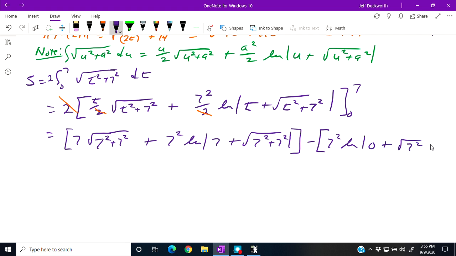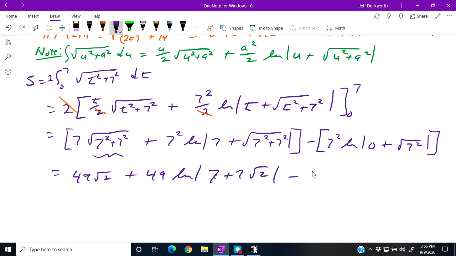Plus just 7 squared into the radical. And we can pull out 49, or essentially 7, leaving 2 there. There's two 7 squareds, so this will be 49 root 2. And the same thing, this is 7 root 2. And what do we have here? 49 natural log of 7.